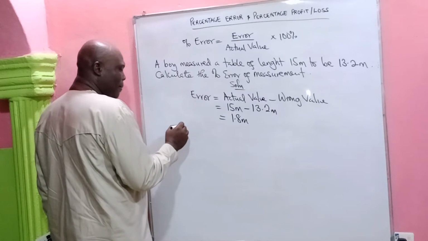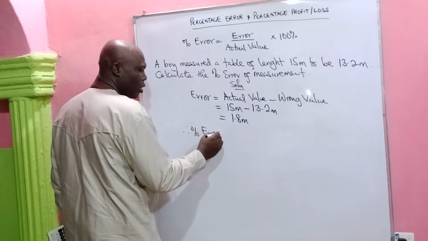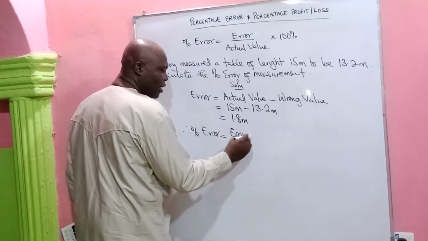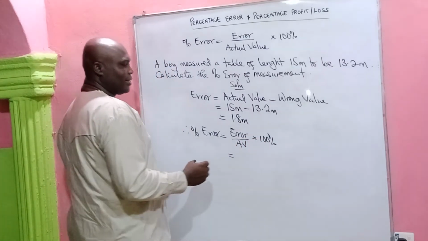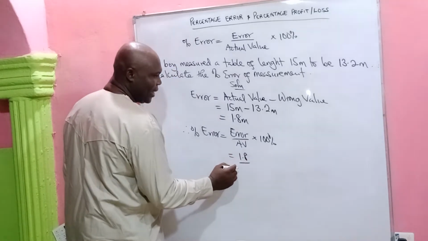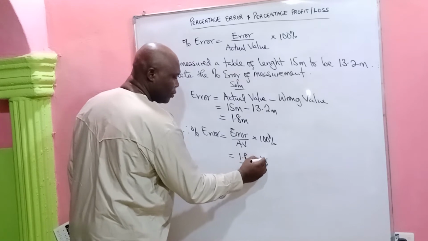Therefore the percentage error of measurement, which is error all over actual value times 100%, will be equal to 1.8, the error itself, all over the actual value, 15, times 100.